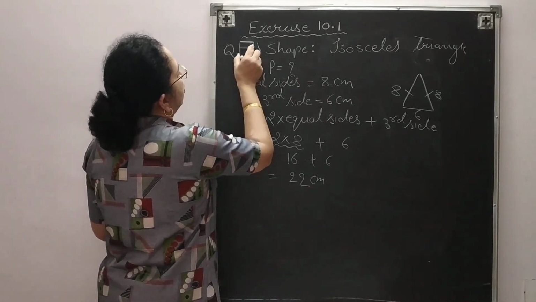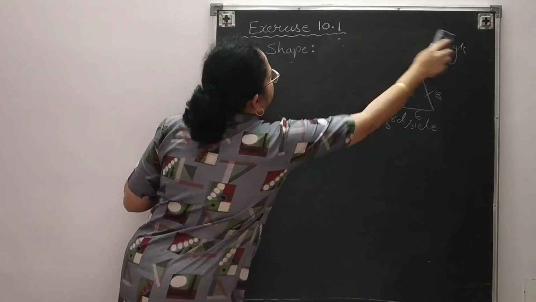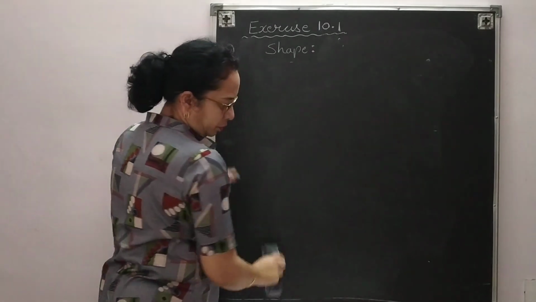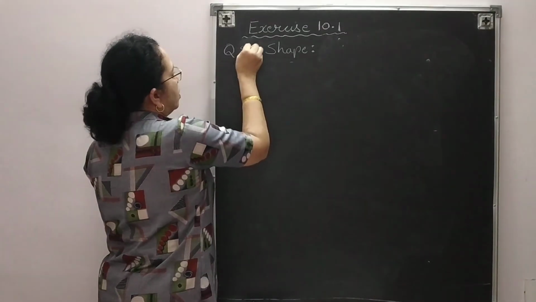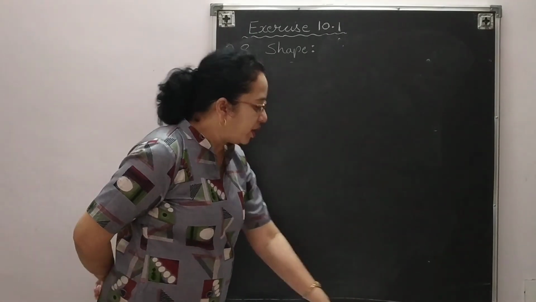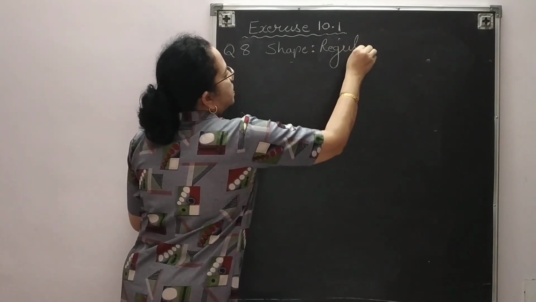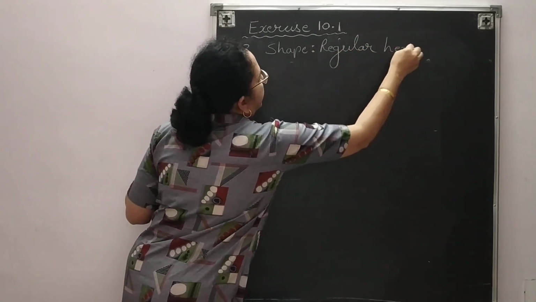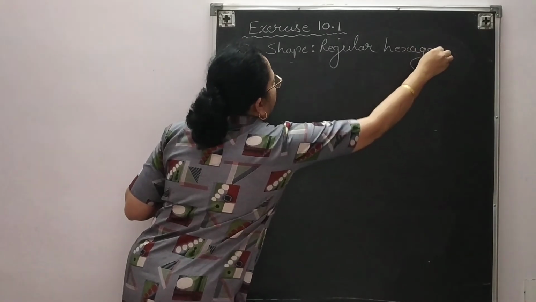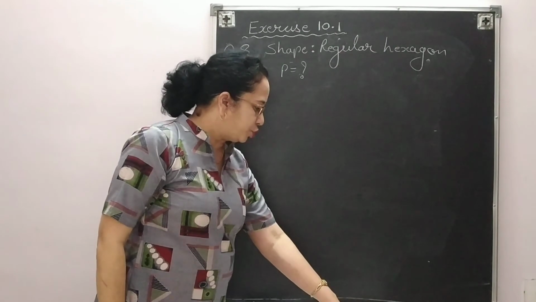Now we will go for question number 8. Find the perimeter of a regular hexagon. So which shape is given here? Regular hexagon. You need to find perimeter, so perimeter is equal to question mark.